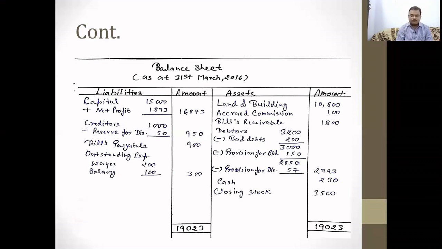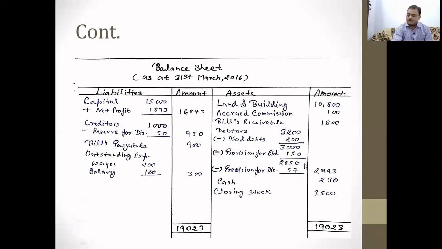So what we have to do, that particular adjustments, 3200 डेटर्स का अमाउंट जो आपको दिया हुआ था, 3200 में से सबसे पहले आप जो राइट ऑफ बैड डेब्ट्स करके 200 रुपीज आपको दिए थे, you have to minus that particular 200 रुपीज, नेट बैड डेब्ट will come 3000. After 3000 you have to charge 150, that is 5% of 3000, that is called provision for bad debt, and you minus it from 3000.